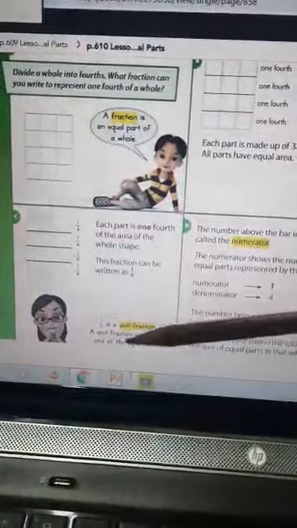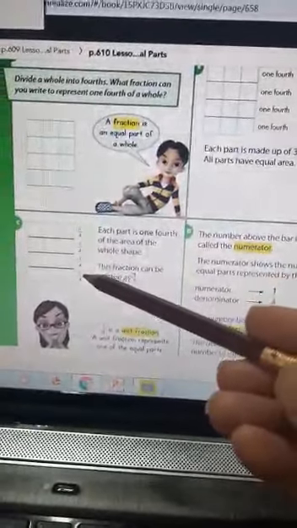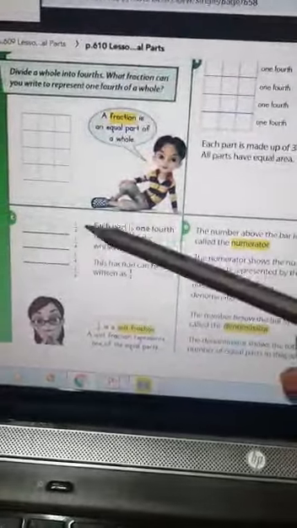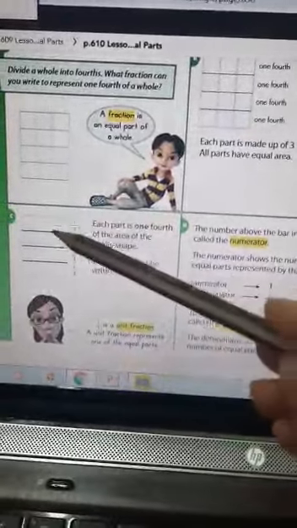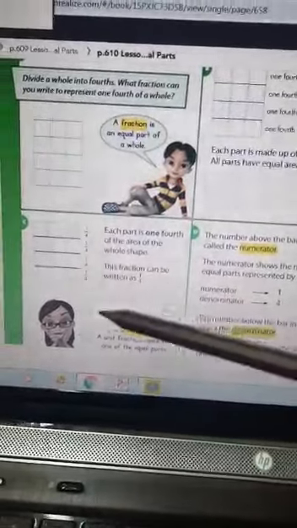A unit fraction represents one of the equal parts. So it means this 1 of 4 is one of the other 1 of 4s. It's only one unit. But if you said all these 1 of 4, you will say unit fractions, more than 1.